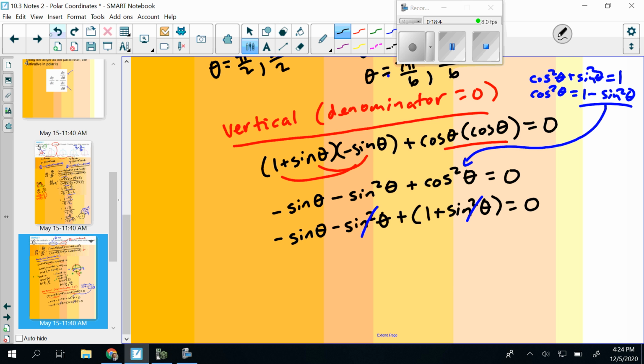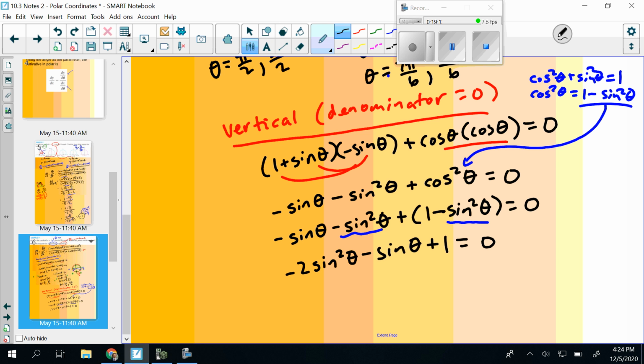That should be minus. I wrote it incorrectly here. This should be minus. Okay, so they don't cancel out, but we can combine some like terms here. This is a like term and that's a like term. And so we got negative 2 sine squared theta minus a sine theta plus 1 equals 0.